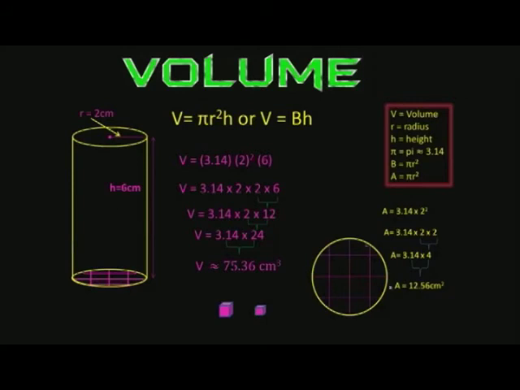So we have a squared area of 12.5600 centimeters squared. And it looks the same here. The perspective is slanted here because this is for our 3D cylinder. Then all we do is add height, and that takes these squares and turns them into cubes, and we have these cubic measurements here. 75.36 centimeters cubed inside, and that'll wrap up this video.